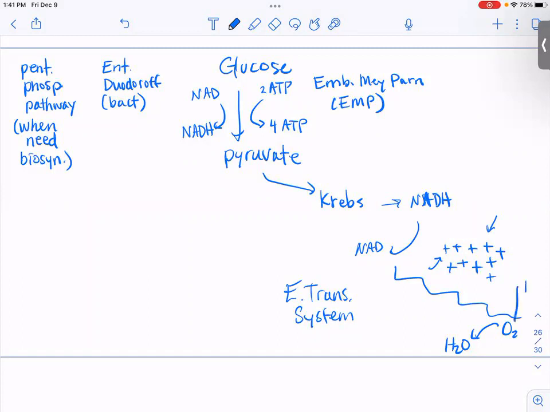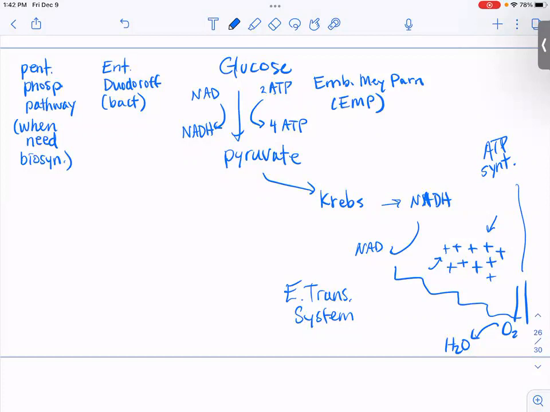There's one spot in the cell membrane where those protons can diffuse in, and that's at that enzyme called ATP synthetase, where those protons will diffuse in, and that powers the phosphorylation of ADP to ATP. So lots and lots of ATPs gained from aerobic respiration, a lot from anaerobic respiration as well, not quite as much.